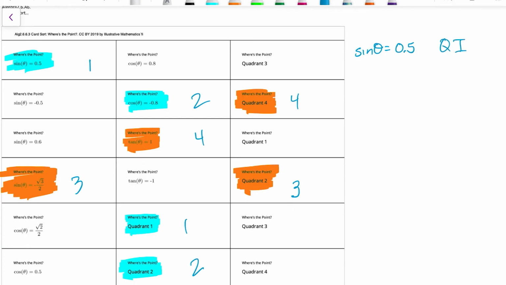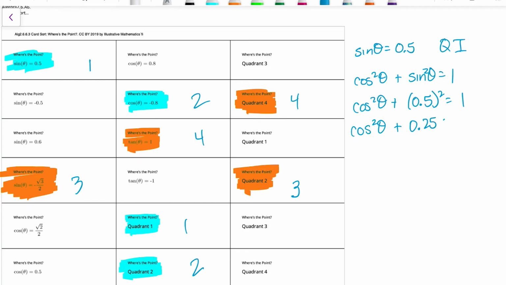So we can say cosine squared of theta plus sine squared of theta equals 1. So cosine squared theta plus 0.5 squared equals 1. So cosine squared theta plus 0.25 equals 1. Do we have to do the exact value? It doesn't say exact value, so that's fine.